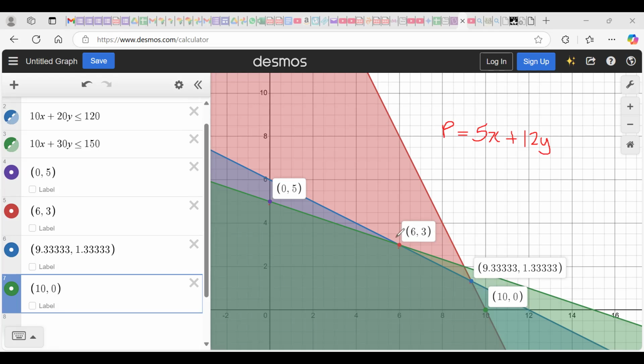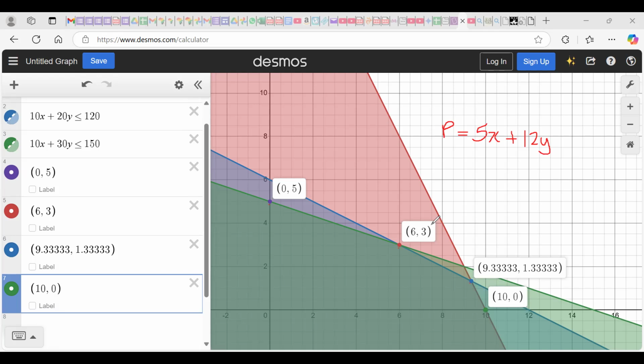So for you to be able to maximize profit and at the same time satisfy all the conditions, right? Because you have a limited amount of resistors, transistors, capacitors, and so on in the manufacturing of your type A and type B printed circuits.